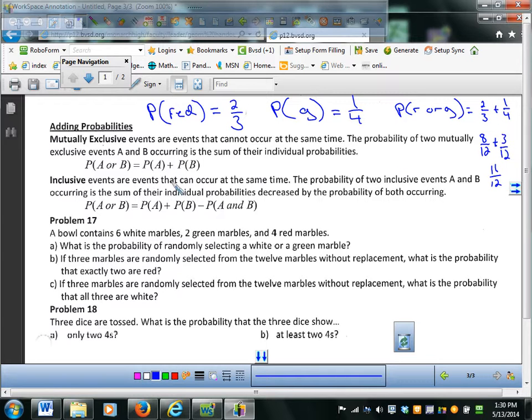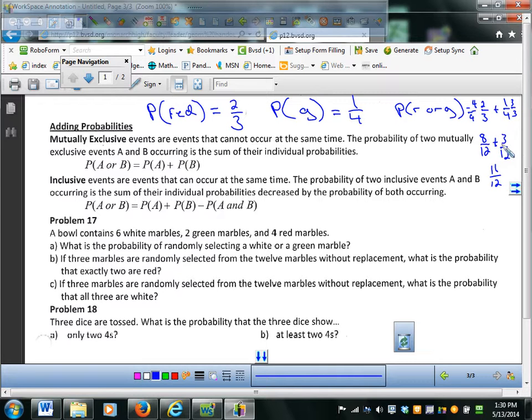You just said you add them, I'm confused. You add them if it says or. If it says or, then you add it, okay? So what's the probability that you're going to get this or that? Then you add it. But how did you get the 12? I multiply 2/3 by 4/4 and this by 3/3.